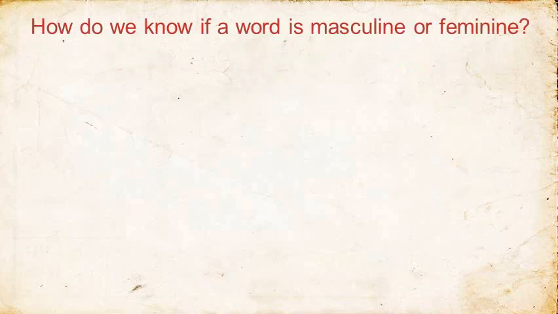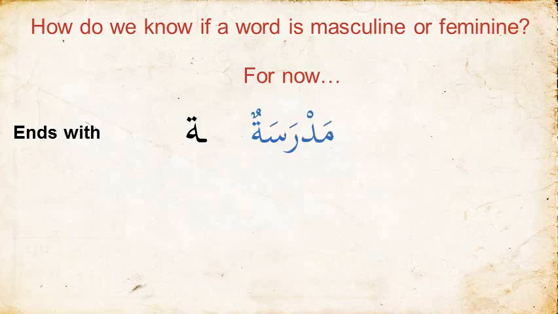So the question is, how do we know if a word is masculine or feminine? How can we tell? For now, I'm going to introduce a very basic rule: if a word ends with a ta marbuta, for example, the word madrasa, then we're going to say the word is feminine.